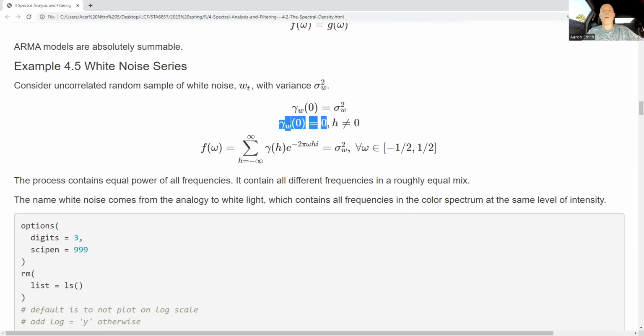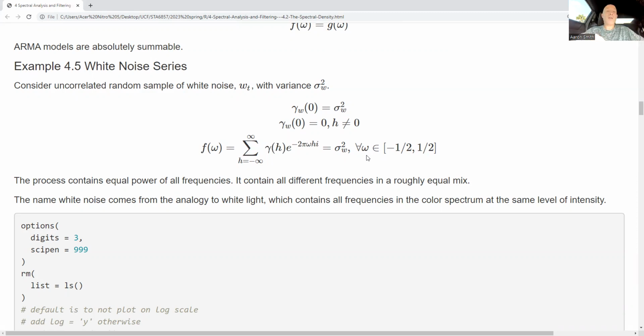So the autocovariance is going to be 0 when I have an h other than 0. This should be an h right there. It's a typo. And so if I work through this and take this summation, most of these are equal to 0. The only one that's not 0 is at lag 0, and so we're going to get this.